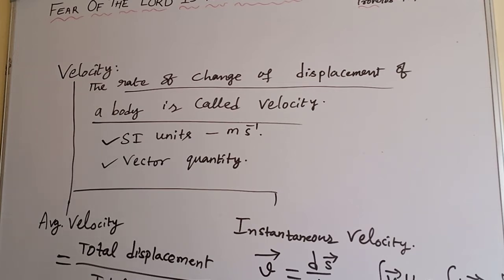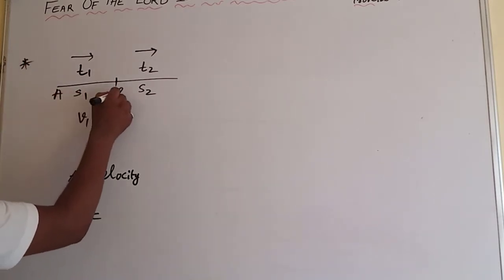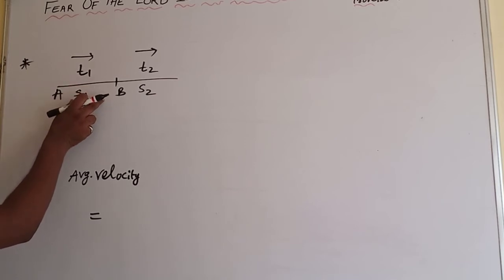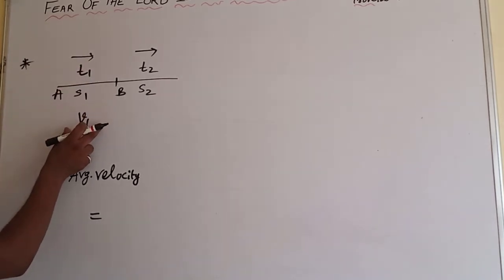Before going to this, we'll discuss in detail about average velocity. Next, in this average velocity, this is one of the important formulas you have to remember. Here from A to B, displacement is S1, which was done in T1 seconds, and the velocity is V1.